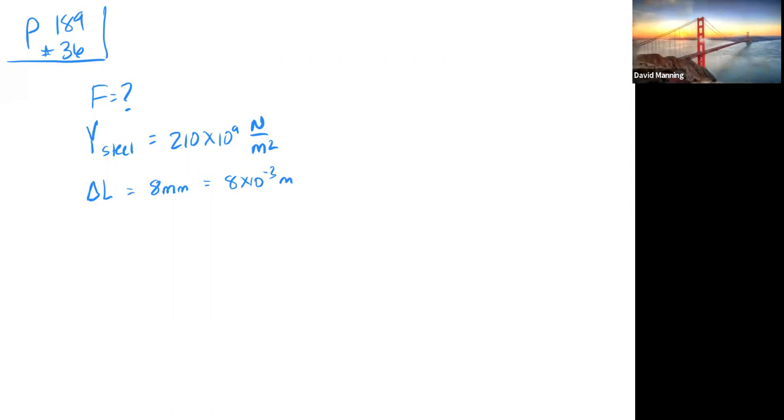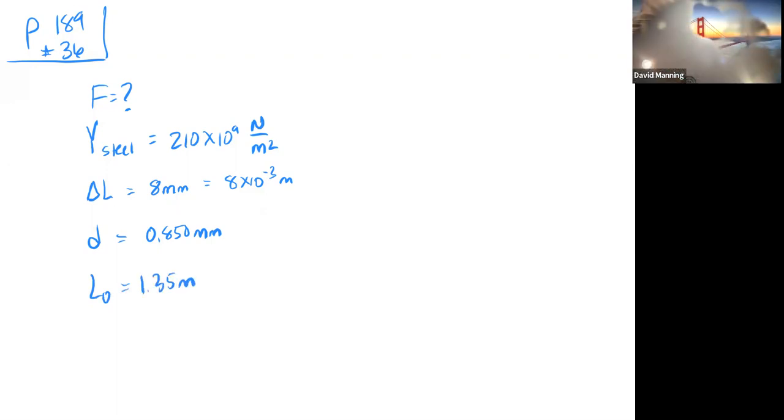If the wire is originally 0.85 millimeters in diameter, so the diameter is 0.850 millimeters, and it's originally 1.35 meters long, so that's L naught. So that's our given.